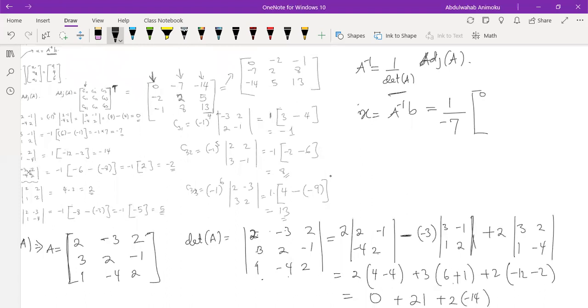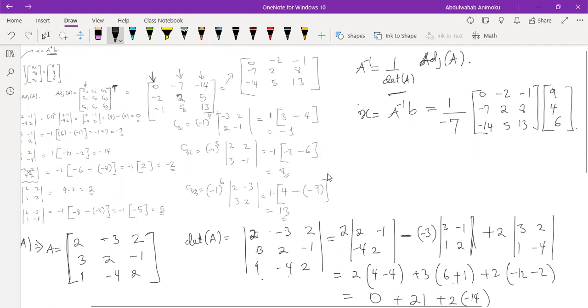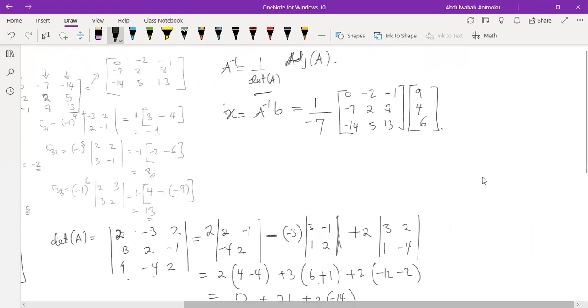What's the adjunct? 0, minus 2, minus 1, minus 7, 2, 8, minus 14, 5, 13. Then we multiply that with B, right? Which is 9, 4, 6. So we just need to figure this thing out. So we multiply these two together first.